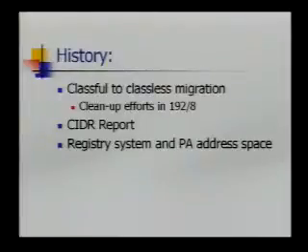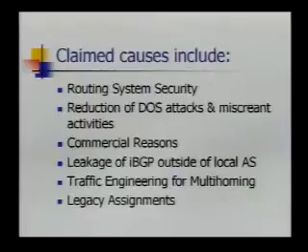The CIDR report, which Tony Bates started all those years ago, was trying to assist people with their migration from the classful to the classless system. And of course, it's well known, Jeff's current CIDR report and the website that goes with it, again try to encourage aggregation efforts. We also talk about the registry system and the provider aggregatable address space that it introduced.